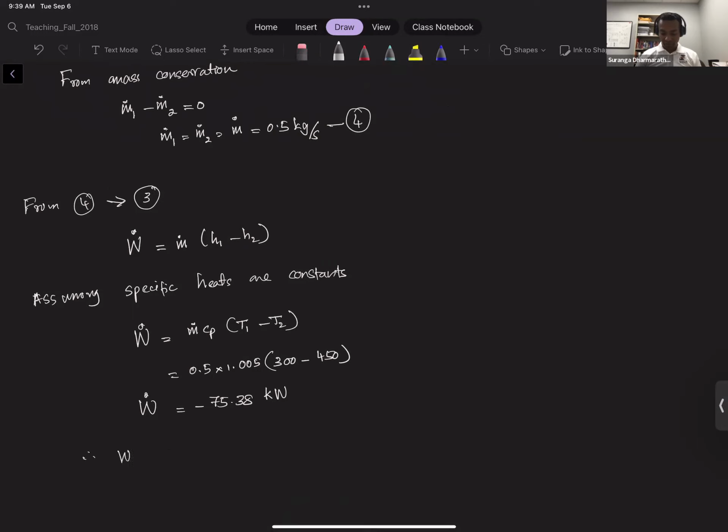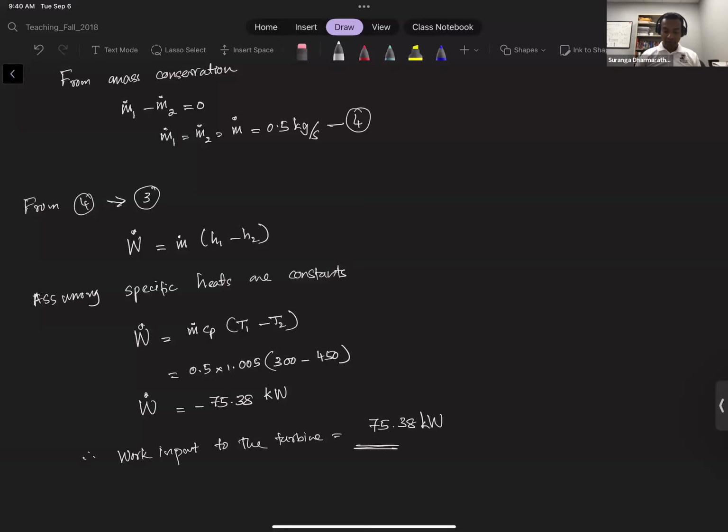Therefore, work input to the turbine is 75.38 kilowatts. This negative work output is a work input, right?